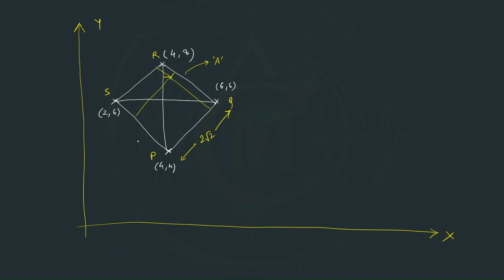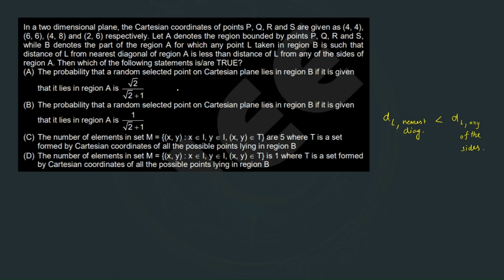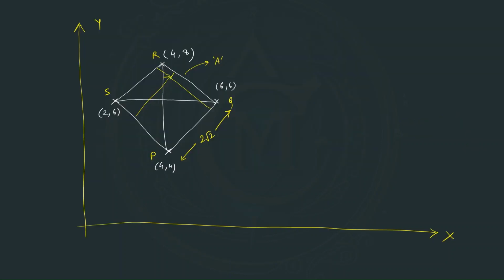Now think carefully about this. If we want to apply this inequality, that the distance of L from the nearest diagonal is less than the distance of L from any of the sides, that means we only have to consider the case that the distance of this point from this PR diagonal is less than the minimum distance of this point L from any of the sides.